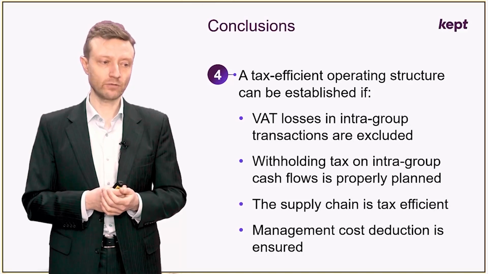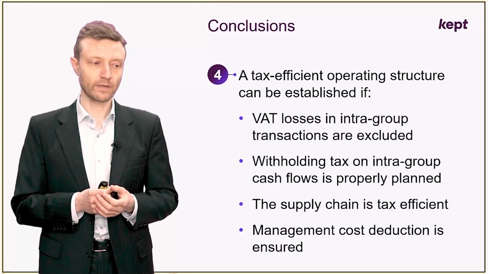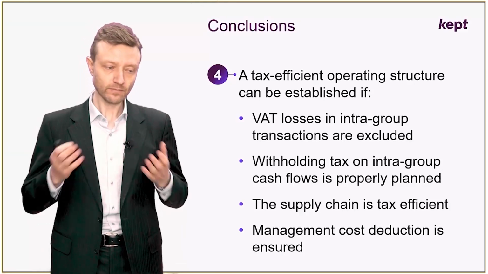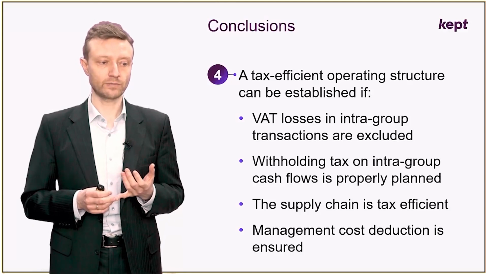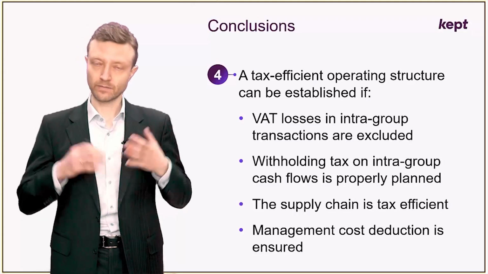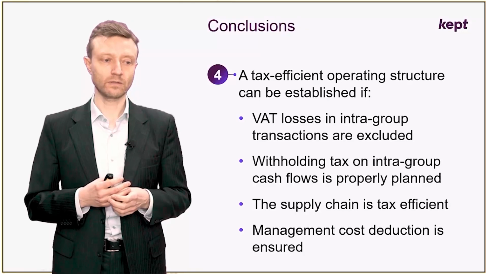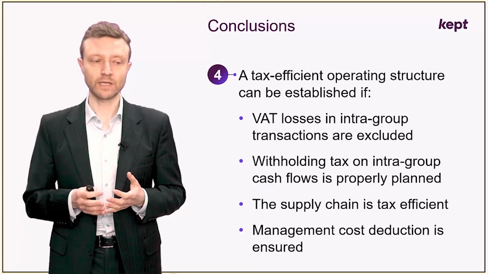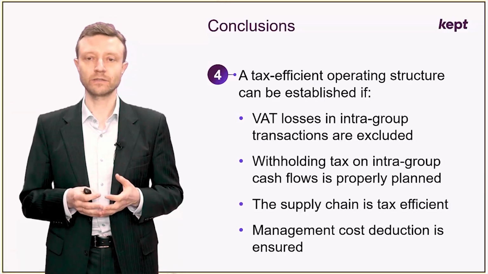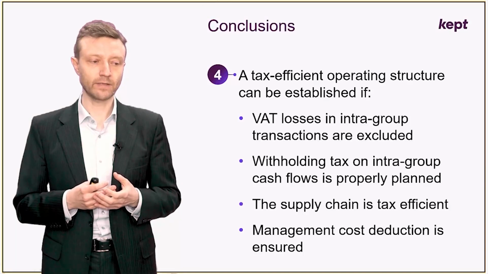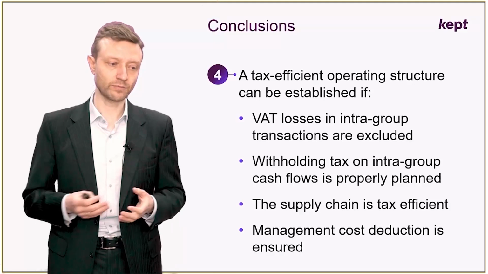And the final set of conclusions relates to operating structures. And here, first of all, VAT losses and costs in intra-group transactions should be excluded. Reverse charge VAT, we discussed how to avoid losing the possibility to deduct reverse charge VAT in instances where a holding or financing company pays for third party or intra-group services.